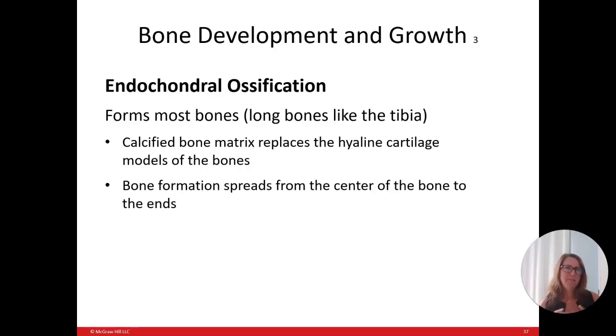So instead of it being in sheets, it's essentially more of a three-dimensional model. And then the bone is going to come in and replace that cartilage. This happens in long bones, and the cartilage is replaced from the center of the bone to the ends. So there's a process of replacing the cartilaginous model, from the center to the ends, with bone.